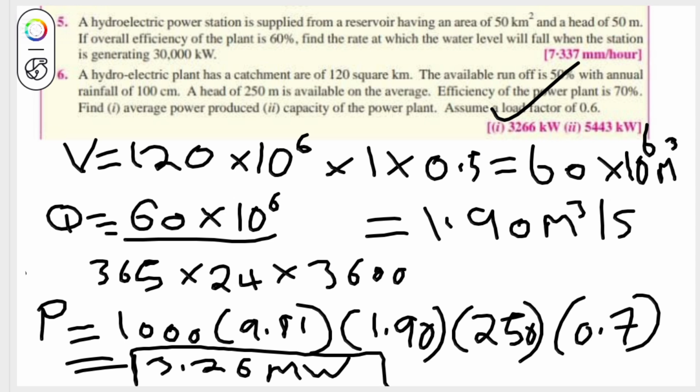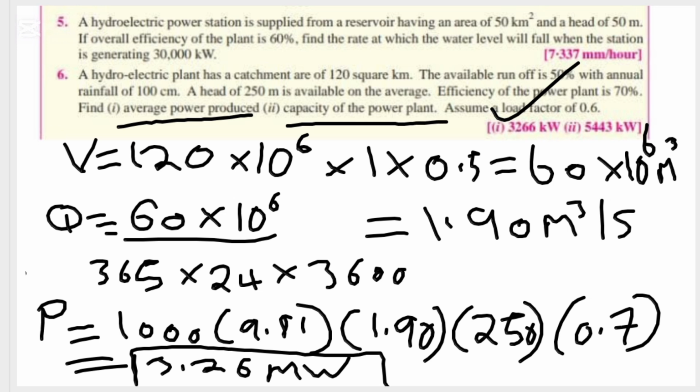So what is the next thing that I'm going to do? This is the average power that is produced, and the next thing is the capacity of the plant. If the load factor is 0.6, what will be the capacity of the power plant?